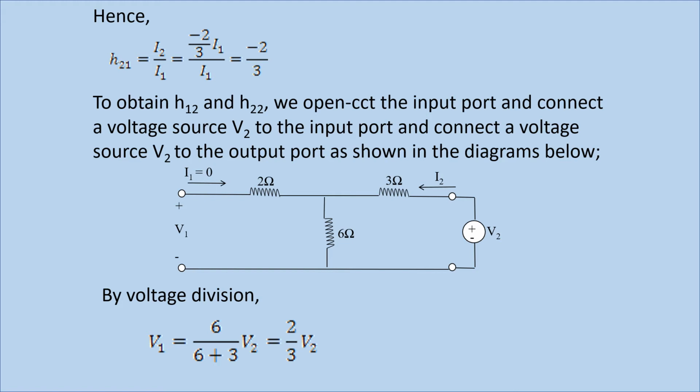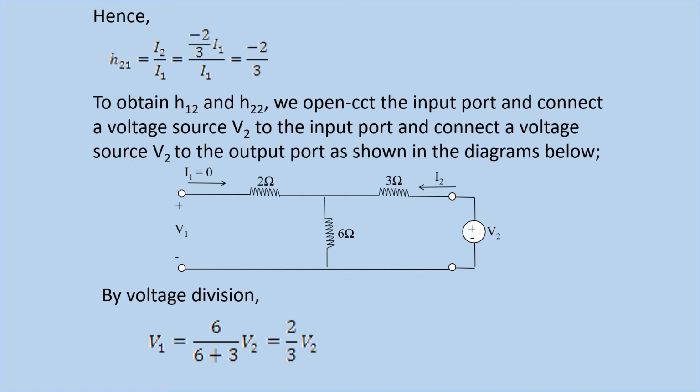Now to obtain our H12 and H22 from the same diagram, we will place a voltage source V2 at the output side of the circuit, and then we will have our current source I1 equal to 0.